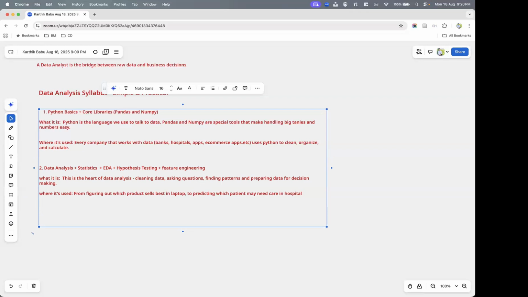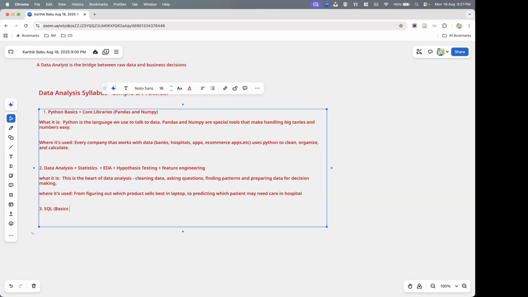Yes, sir. Okay. The third important topic you should be learning as part of data analysis is SQL. Most of the time, our data is not stored just as files and folders. It is stored in the form of tables. Understand clearly? In the real world, most data is stored in the form of tables.